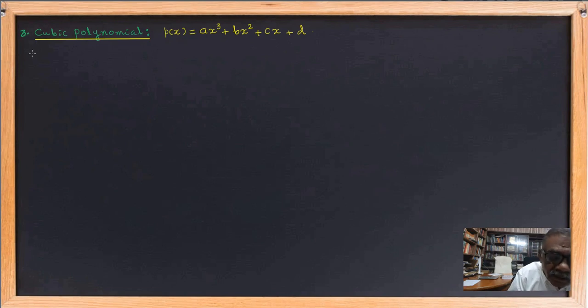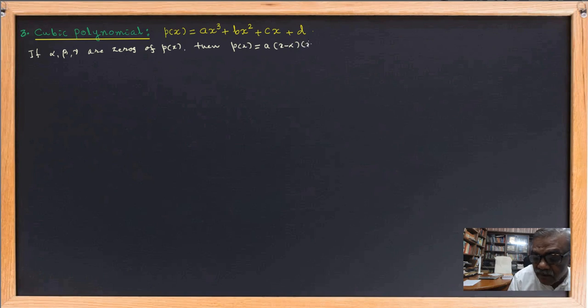If alpha, beta, gamma are zeros of p(x), then p(x) can be written as p(x) is equal to a into (x minus alpha) into (x minus beta) into (x minus gamma).